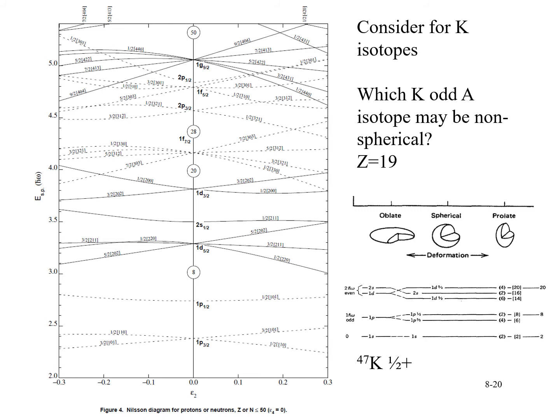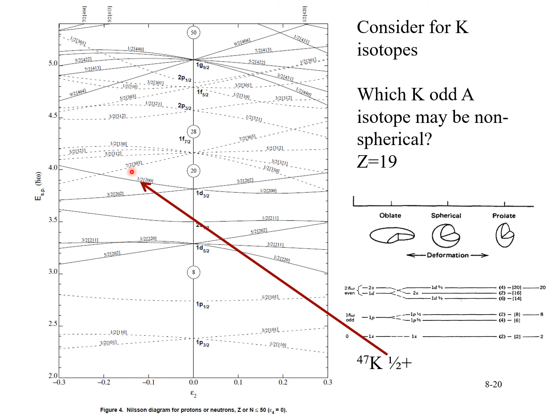If we look at potassium 47, it has a spin of 1 half, positive parity. So we would see that the 19th nucleon could be unpaired in this orbital or in this orbital. If it's 1 half, we know it's in this orbital.